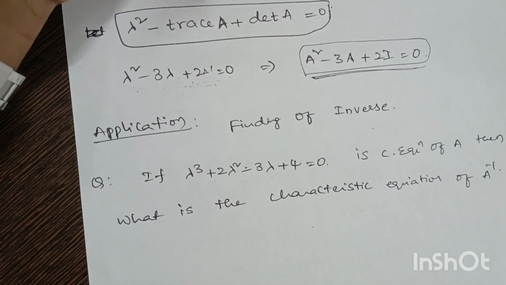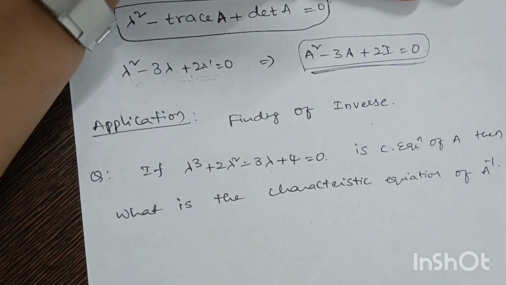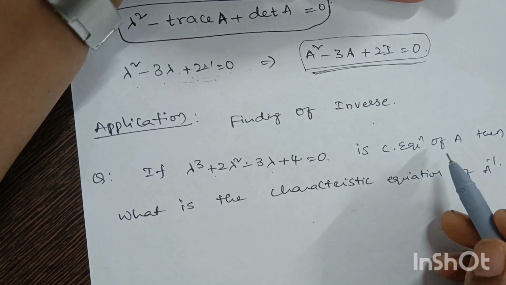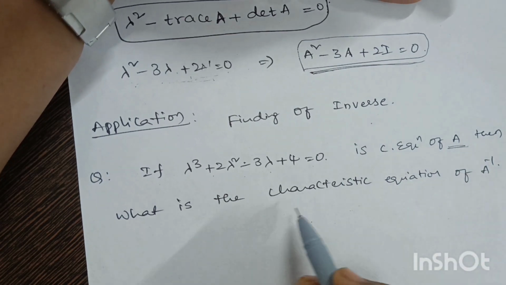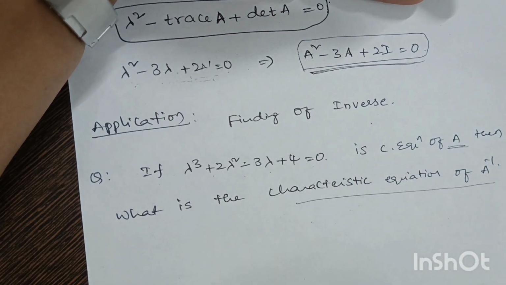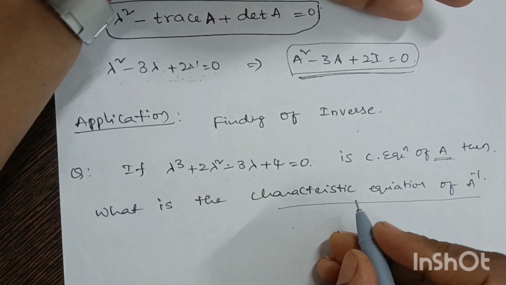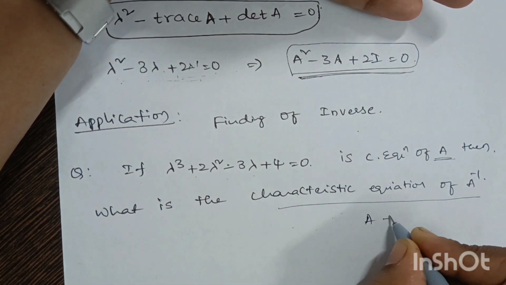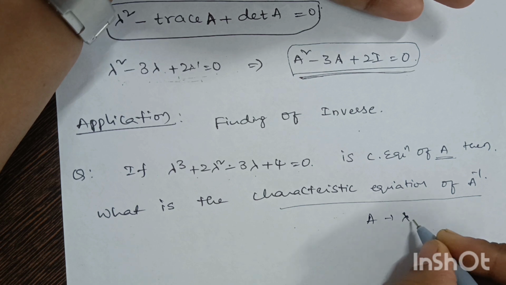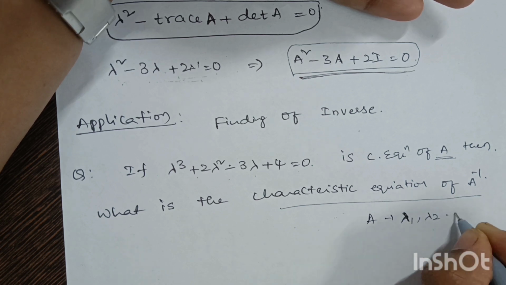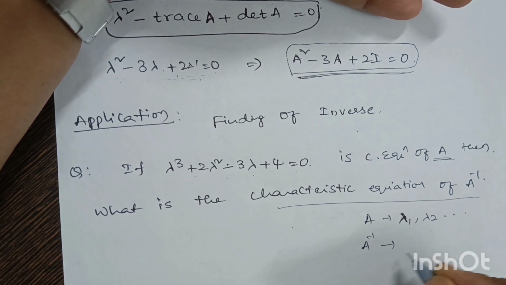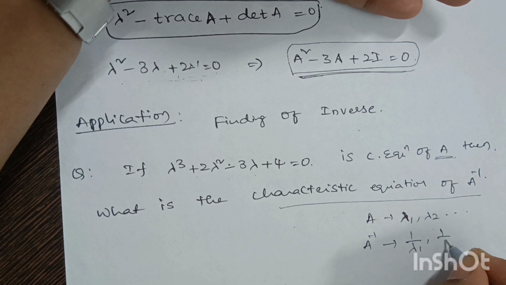Now we'll see one example of an application of the Cayley-Hamilton theorem. If this is the characteristic equation of A, then what is the characteristic equation of A inverse? How do we find this? For A, if lambda 1, lambda 2 are the eigenvalues, then the A inverse eigenvalues are 1 by lambda 1, 1 by lambda 2, like that.